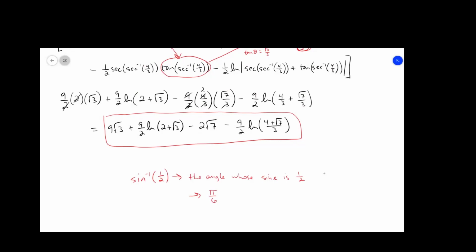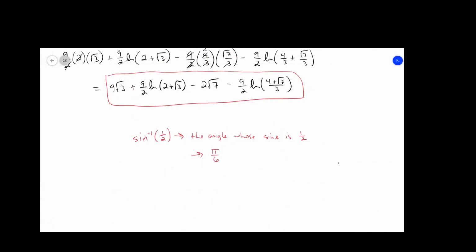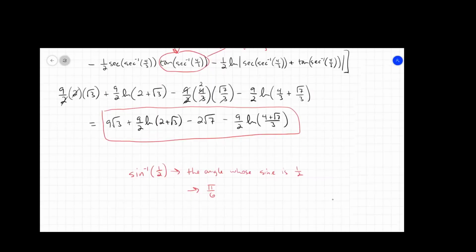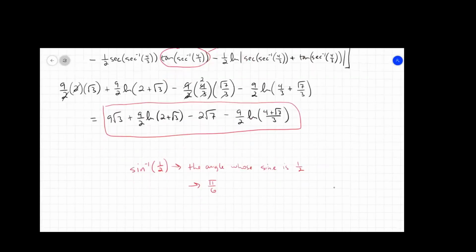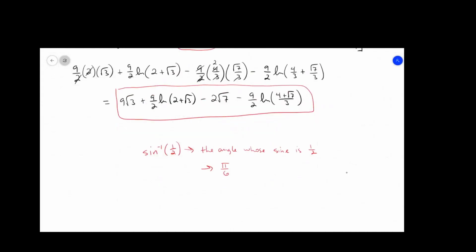If you're having a hard time with this, let's even go to a harder one here, like the cosecant of the arc cotangent, the inverse cotangent of, I don't know, let's say 2/3.